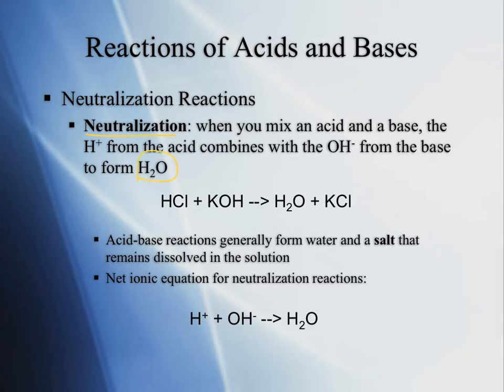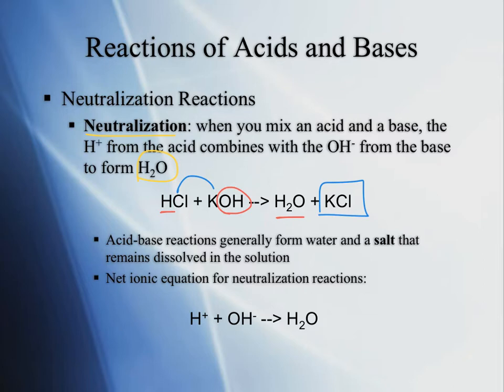Okay, so anytime you've got an acid hooking up with a base, then you're going to make water, and then the other two things that are not making water, in this case K and Cl, are going to make what we call a dissolved salt. Dissolved meaning that it will be able to dissolve in water. You won't actually see it come out of solution. It'll be dissolved in, mixed in.